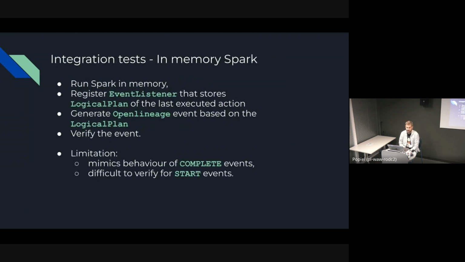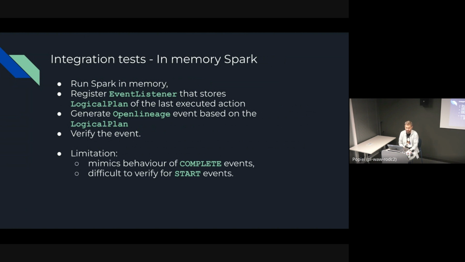The first option is to do it in memory with in-memory Spark. So we run a Spark session attached to the Java test context, and we register a special event listener that stores the logical plan of the last executed action. So we run some Spark code, we see what the logical plan generated by this was, then we trigger OpenLineage event building based on this logical plan, and we verify the event.